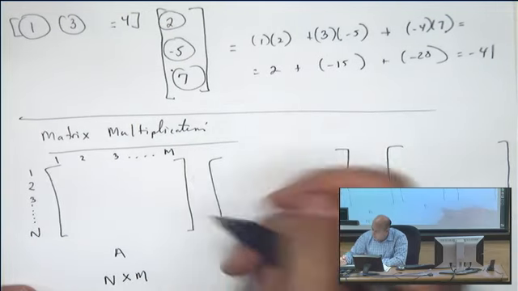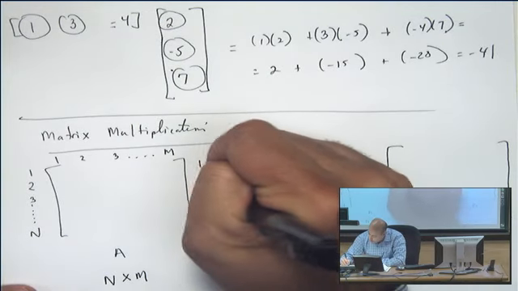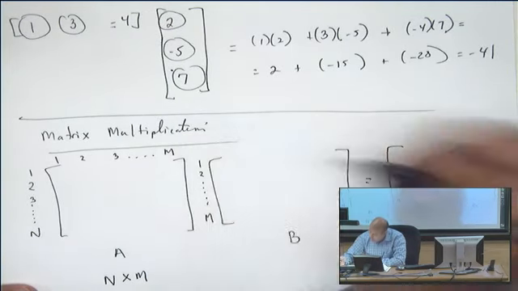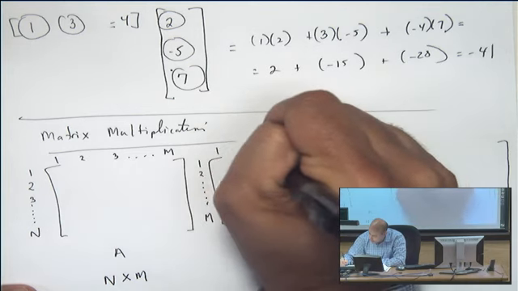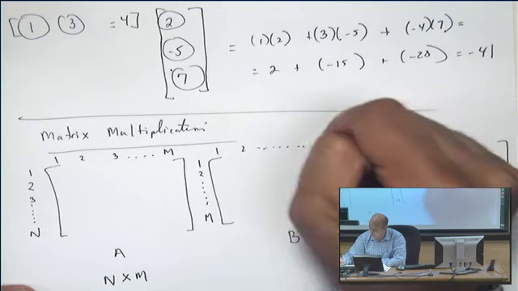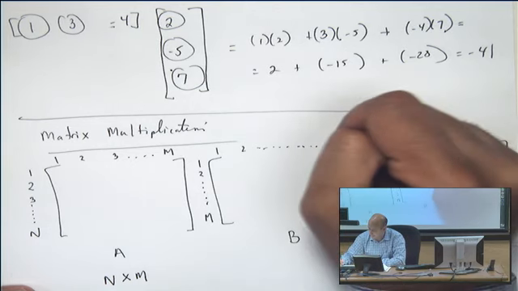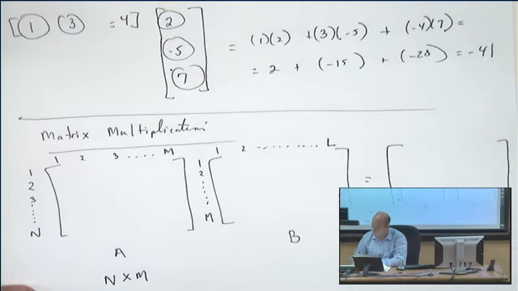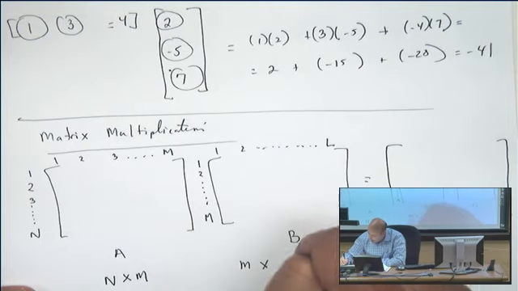And let's say B has m rows, 1, 2, 3, all the way to m, and it's got 1, 2, and L columns. So this is an m by L matrix.